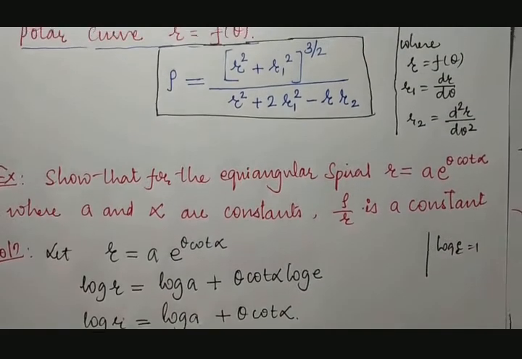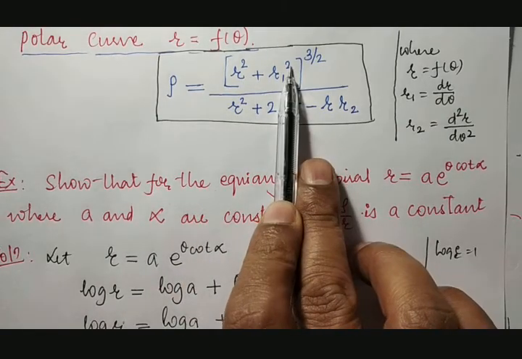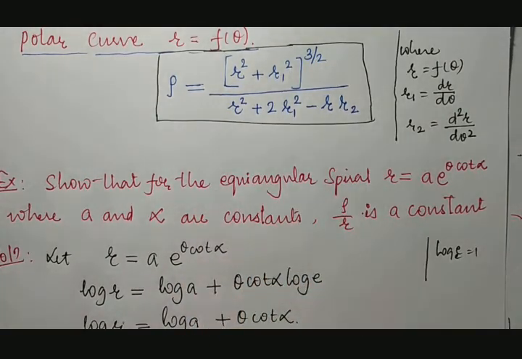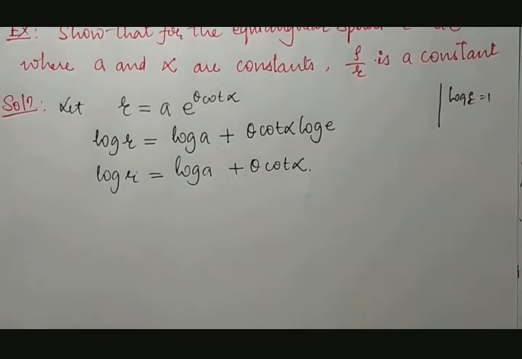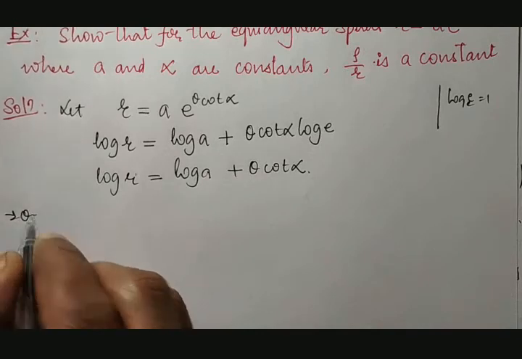Then what to do? As per the expression, we need r, which is there, and we need r1 and r2, which have to be calculated. Therefore, let us differentiate this with respect to theta.